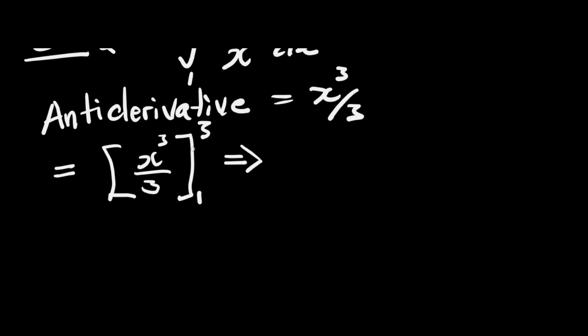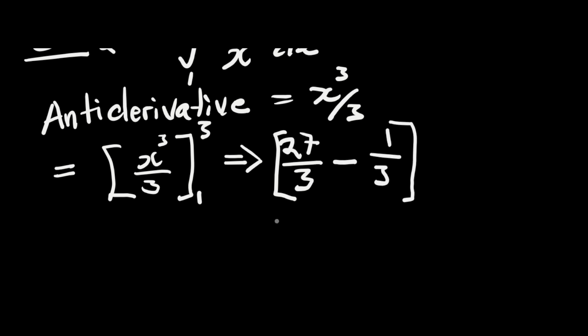Substitute x with 3, 3 raised to the power 3 becomes 27, 27 upon 3, minus, substitute x with 1, it becomes 1 upon 3. 27 divided by 3 will give us 9, minus 1 upon 3.